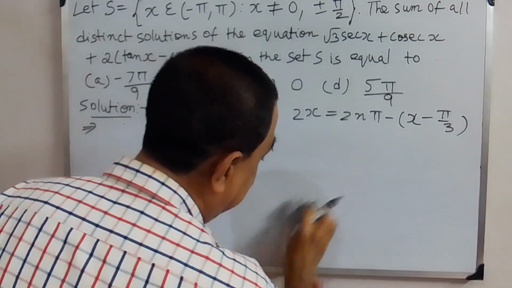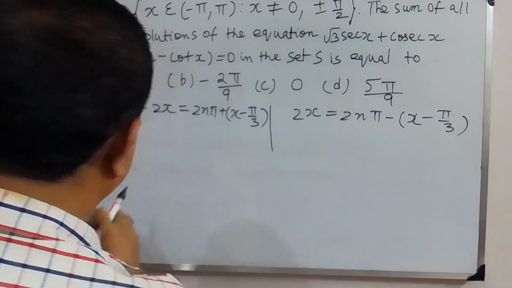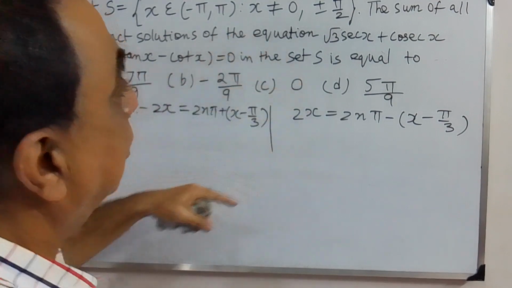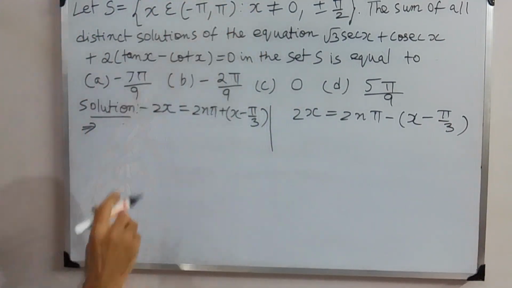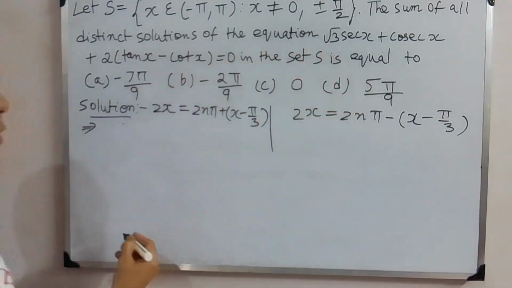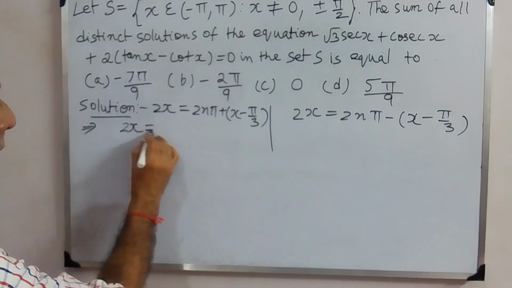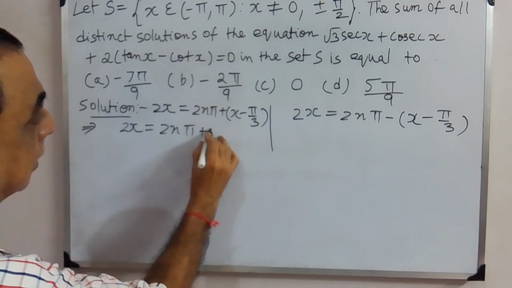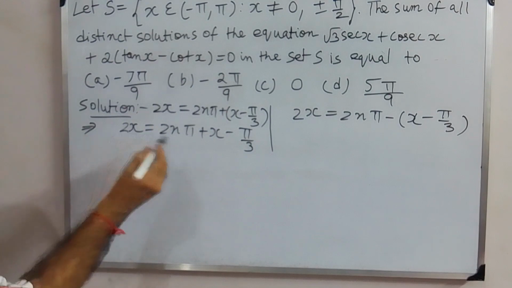Clear? And we will then solve those equations and find out the values of x, those values of x which are lying in this range, and then we'll add up all the values of x. So here this 2x is equal to, open the bracket, 2 n pi plus x minus pi by 3. Now bring x this side.